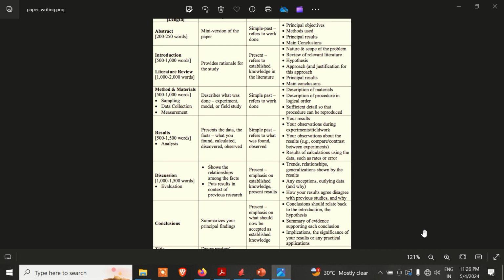The abstract is a very short paragraph, around 200 words, a mini version of your paper. Like I said, people are paying $35 by reading the abstract, which is a mini version of your 6 or 8 pages of paper, or maybe your thesis.